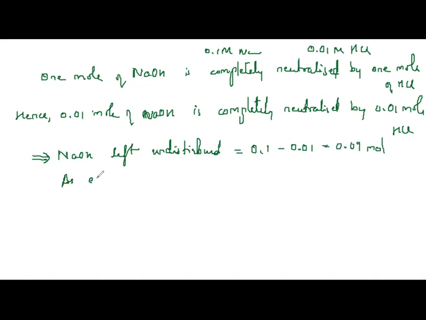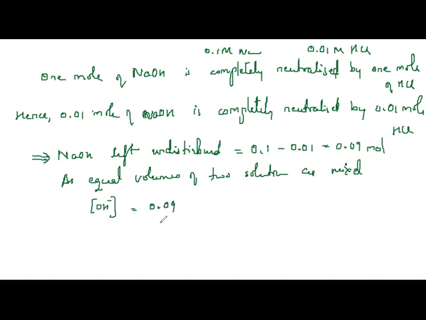As equal volumes of two solutions are mixed, what can I say? OH minus ions will be equal to what? 0.09 divided by 2, because the volume doubles. So OH minus is 0.09 upon 2. That is equal to 0.045 molarity. Therefore, that is the OH minus ion concentration.